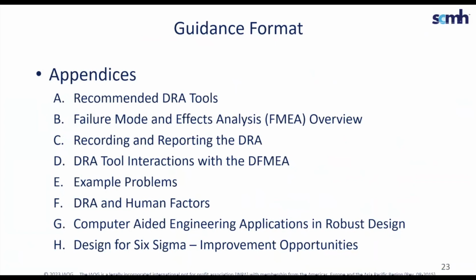Appendix F describes the importance of considering human factors in DRA and provides an example. Appendix G highlights how DRA should be considered in a computer-aided engineering world where automation is used, and it highlights that critical thinking is still needed. And finally, Appendix H clarifies how design for Six Sigma is used as a design risk mitigation and improvement.